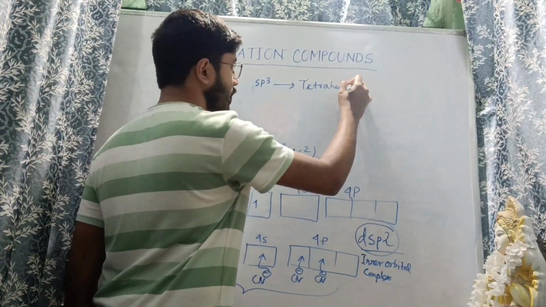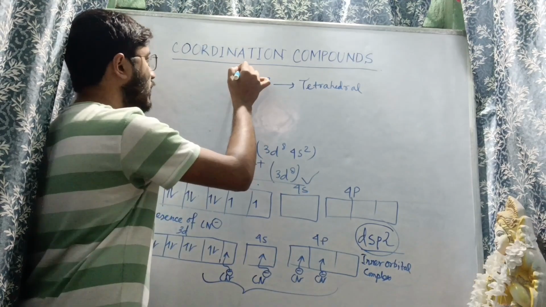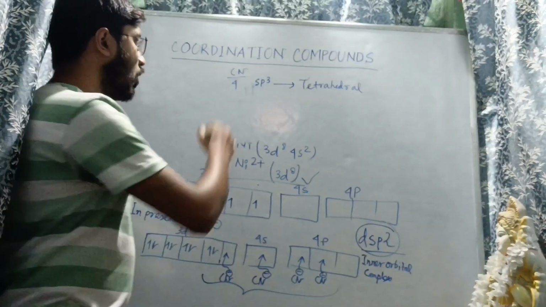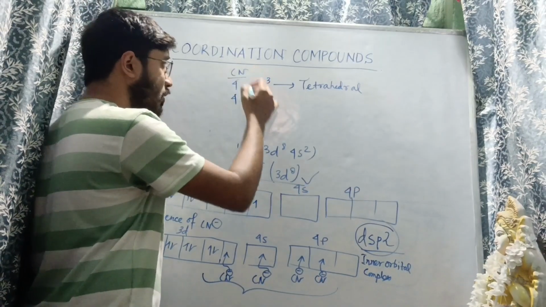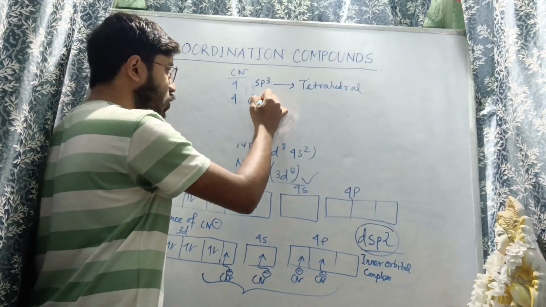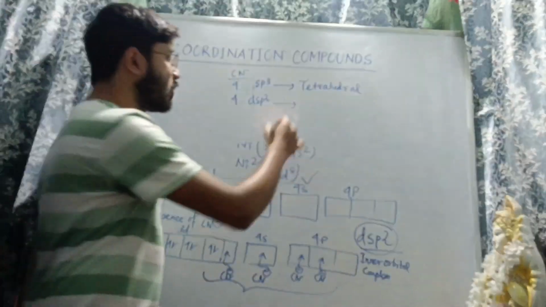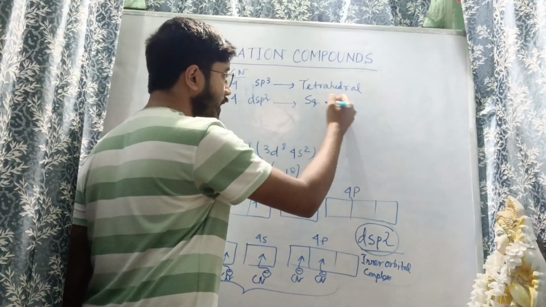Coordination number is 4, but the hybridization is dsp2, then the structure must be square planar in nature.